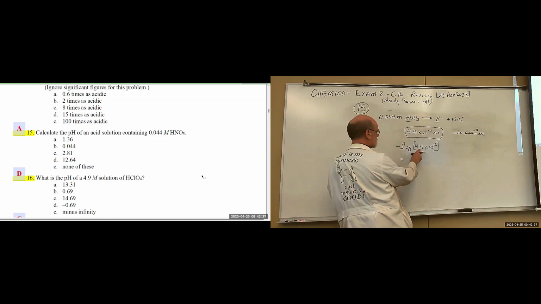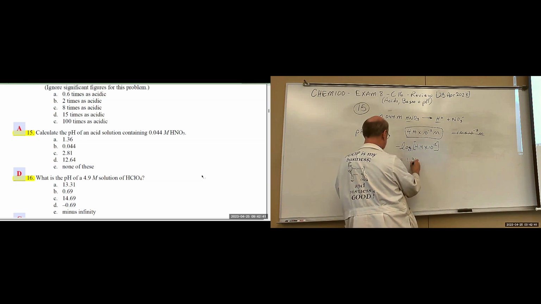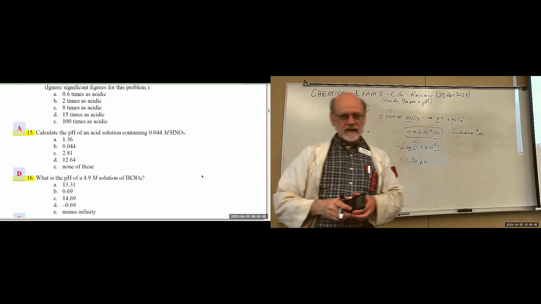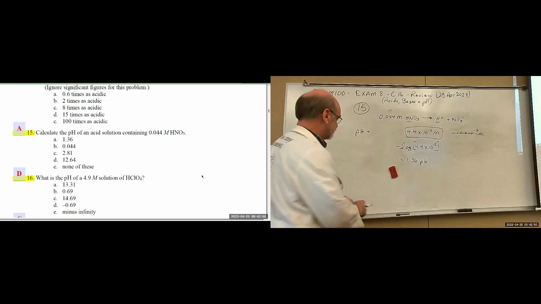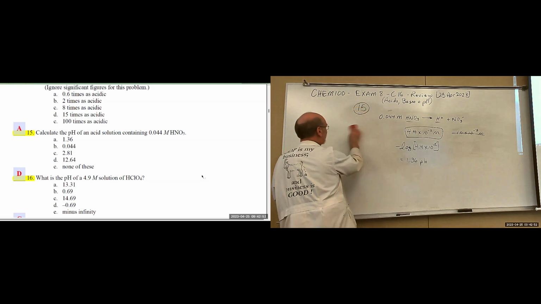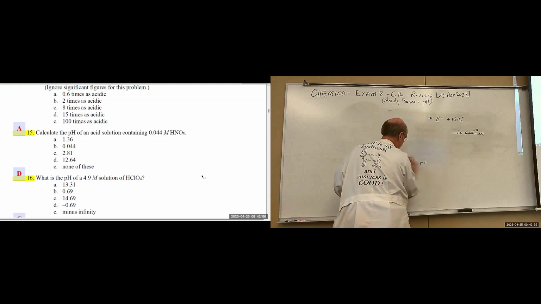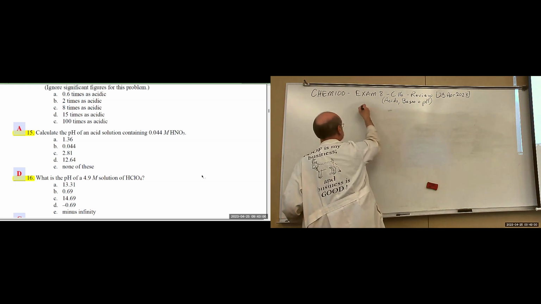So this is two significant figures, 1.36 pH, which is A. All right, that was 15. I think 16 is next.